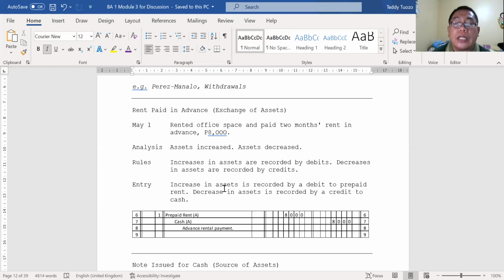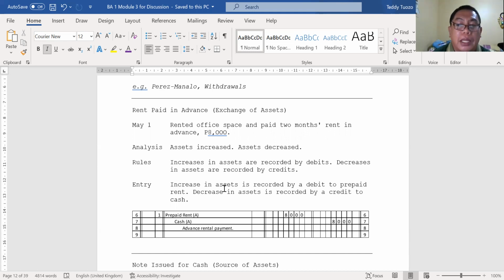And also, an asset is decreased in this transaction. So the asset increased is the prepaid rent account. Why is it prepaid and not rent expense? Because it is an advance. You record the expense only when you use the office space. Since you paid in advance, you have to record it as prepaid rent.